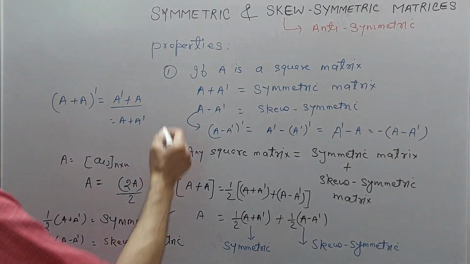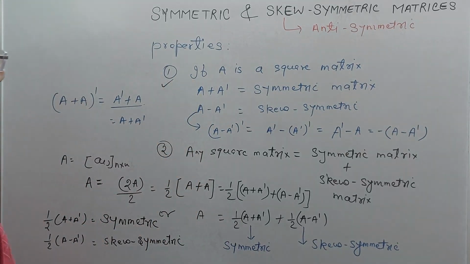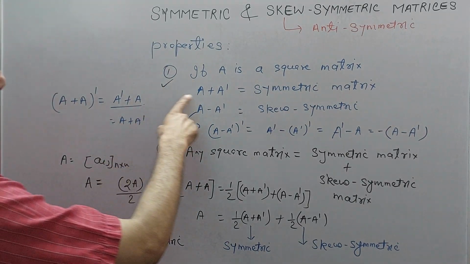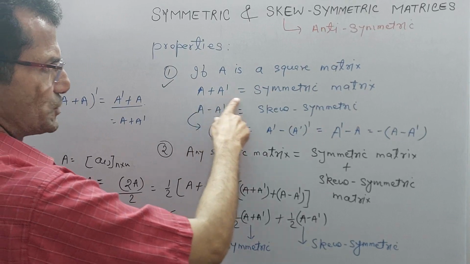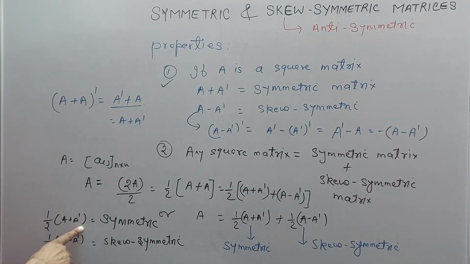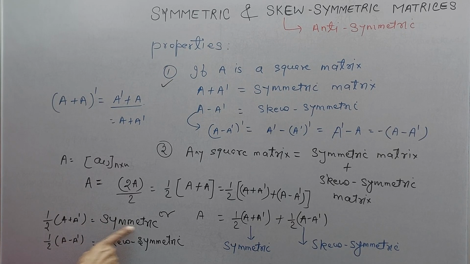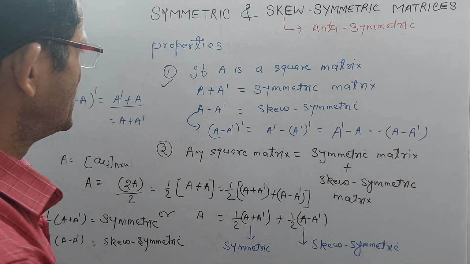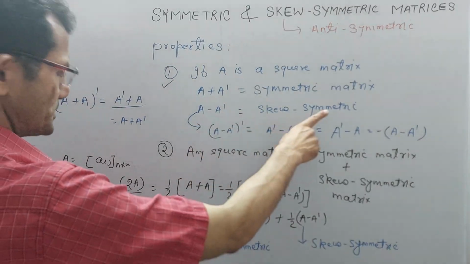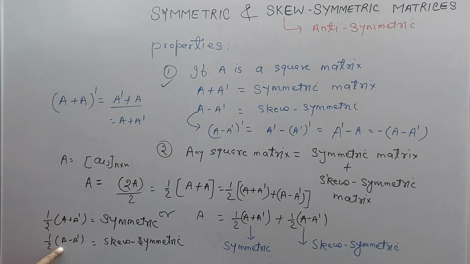We are using here the properties from property number 1: A plus A dash is symmetric, and A minus A dash is skew symmetric. One by 2 doesn't matter because 1 by 2 is a scalar. So half A minus A dash will be our skew symmetric matrix.